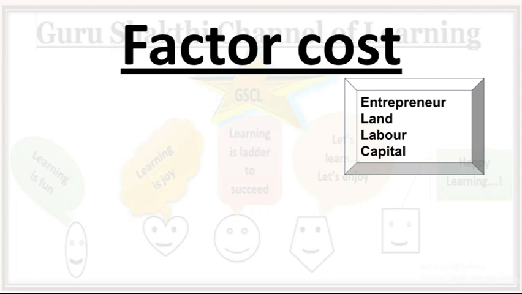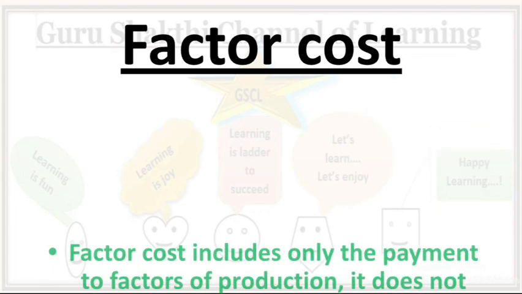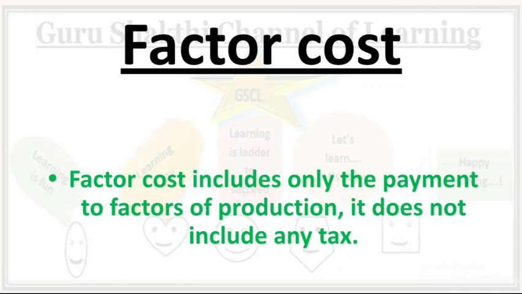The amount that is spent on these factors of production is called the factor cost. They are the payments to the factors of production. And when we say gross domestic product at factor cost, it includes only those payments and nothing else.